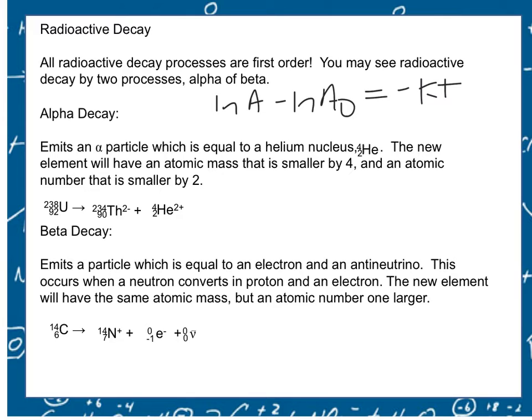So the new element is going to have the same mass because a neutron is converted to a proton. They both count in the mass number, so 14 and 14. And we've gained a proton, so our atomic number will increase from 6 to 7 because we switched a neutron to a proton.